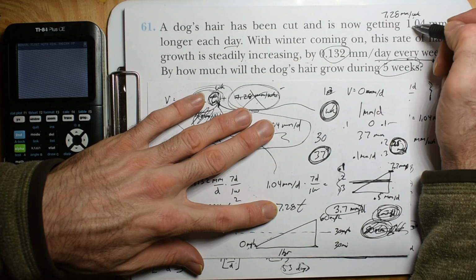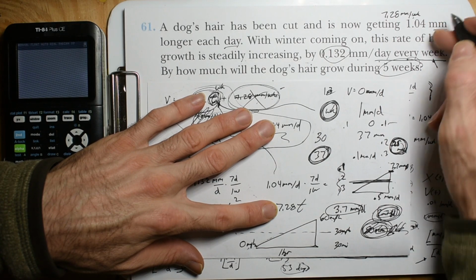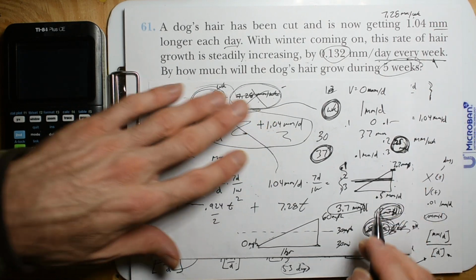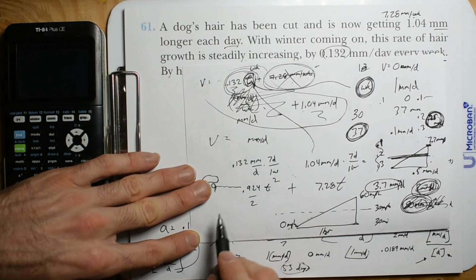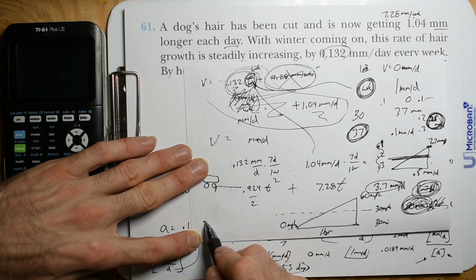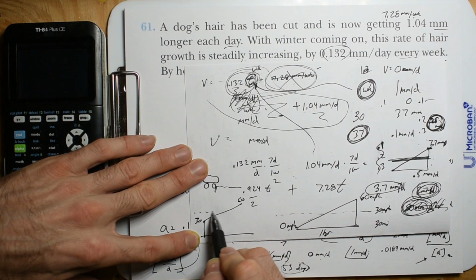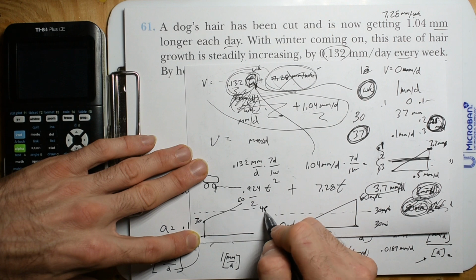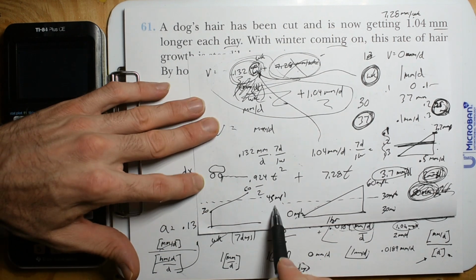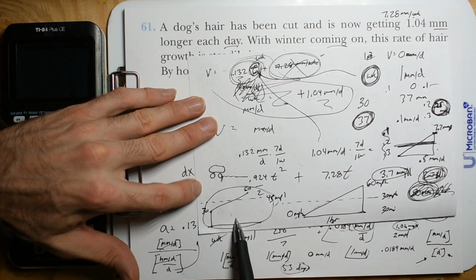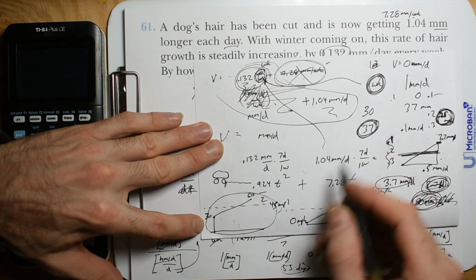So that's the average velocity from that. Now we know that we're starting with a velocity of 1 millimeter per day, so that's the other way to look at this. You could say, hey, let's say I start at 30 miles an hour and I go up to 60. So this is 30, this is 60. Now what's my average velocity? Well, it's 45 miles per hour. So it's always good to have some sort of very simple graph, because then you can throw in the problem.